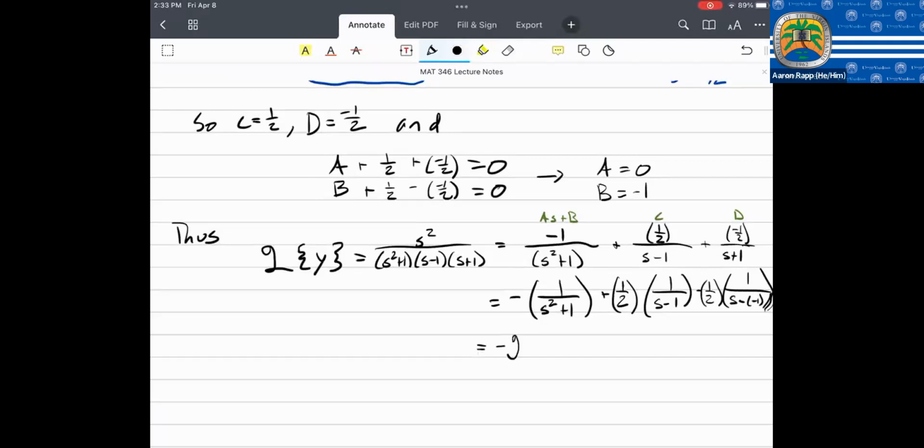Which means this is negative times the Laplace transform of sine of what? That first fraction. Just t. Plus 1/2 times the Laplace transform of what function?